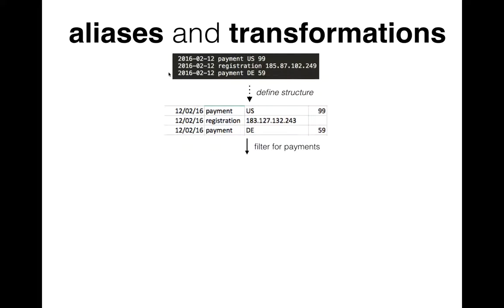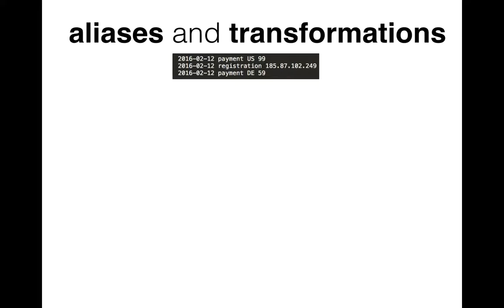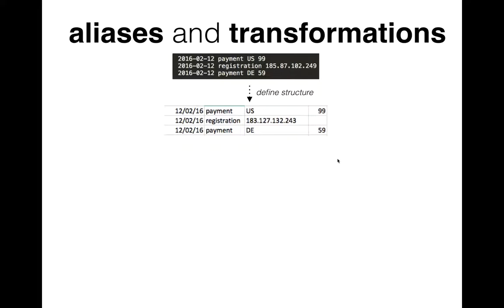So this is something that we can tell Pig about how a file looks like. And what we get here is called an alias. So Pig creates an alias for us, which is a structured representation of an unstructured file. Pig will know how to handle this file, and we can use this as a starting point for our analysis.